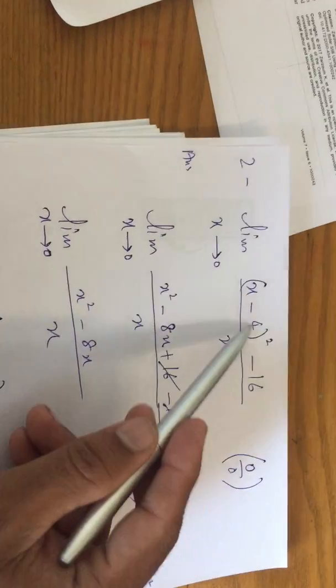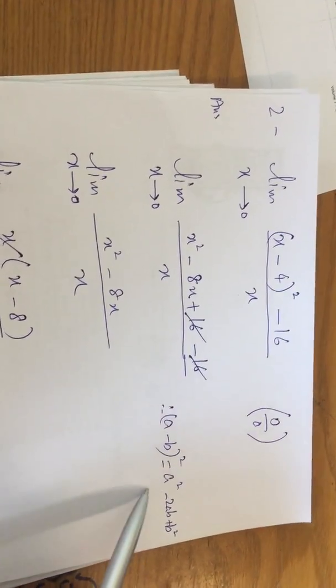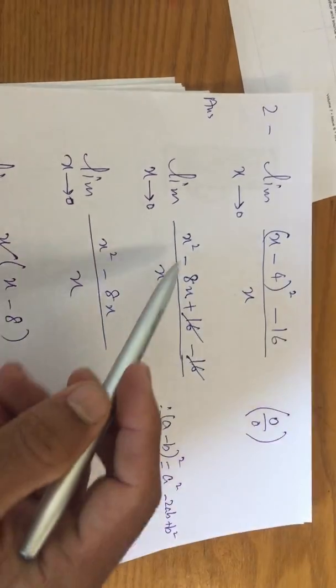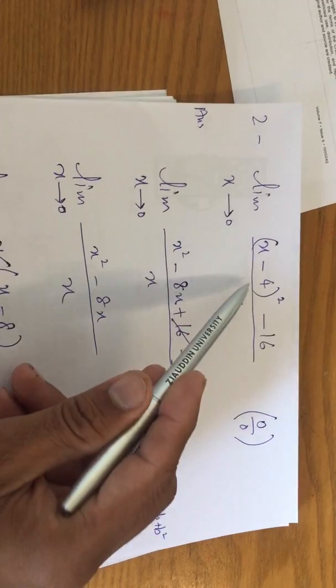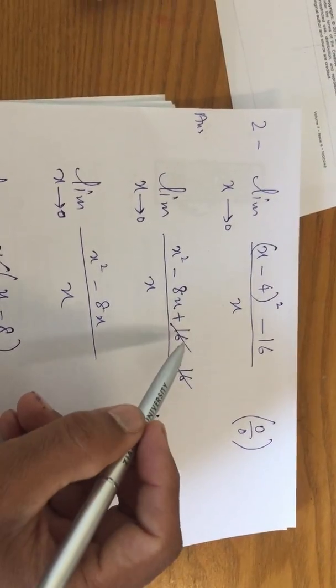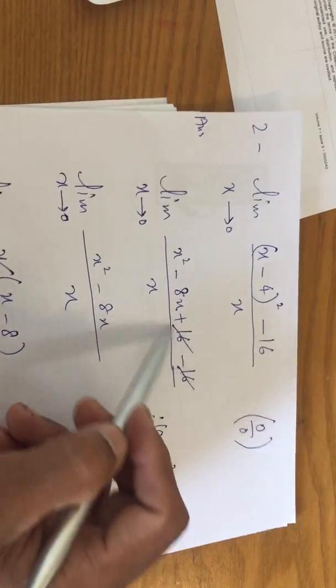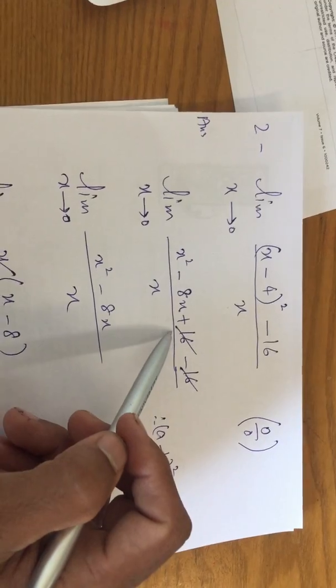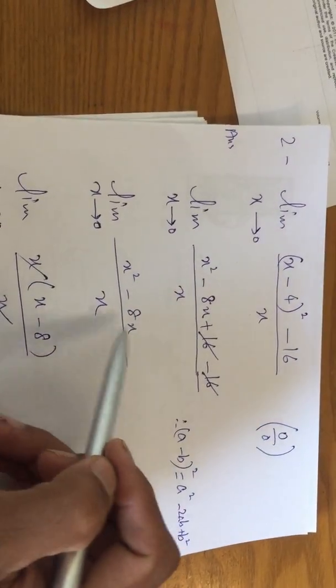So I'm applying the formula (a minus b) square is a square minus 2ab plus b square, we know. So x square minus 4 times 2, which is 8x, plus 4 power 2, which is 16. And this 16 here cancels each other, and then we get (x square minus 8x) over x.